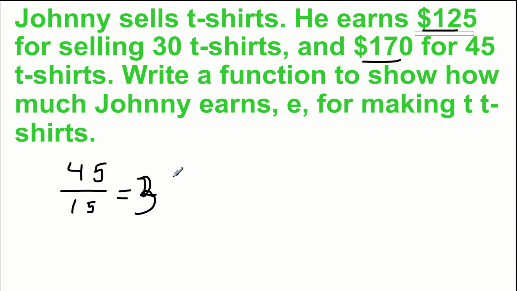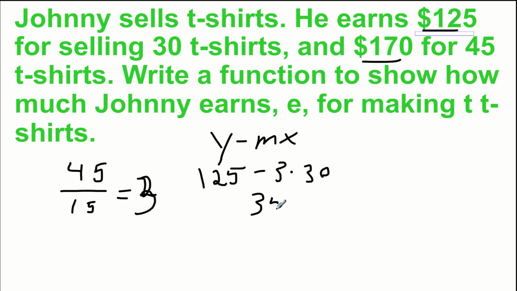Okay? Once we have the slope, we can do y minus mx to find our y-intercept. So if I go 125 minus 3 times 30, using that first ordered pair, 3 times 30 is 90. 125 minus 90, 35.